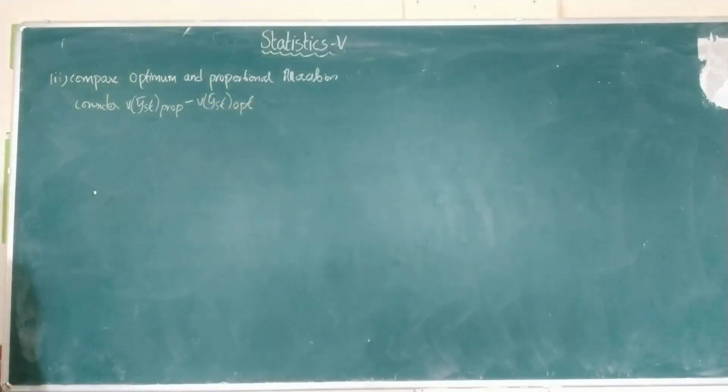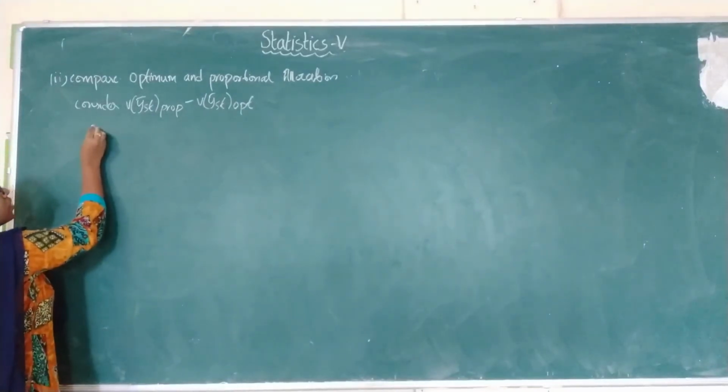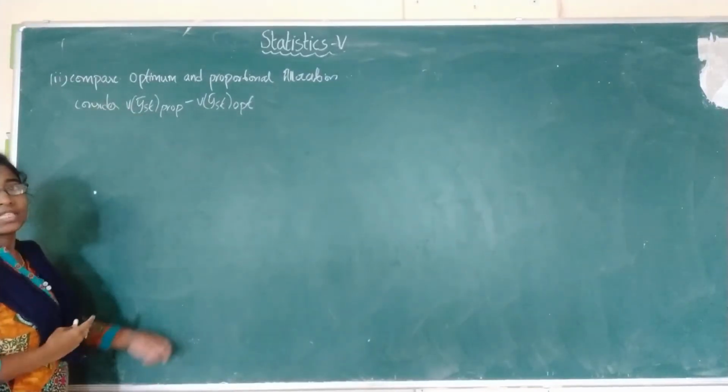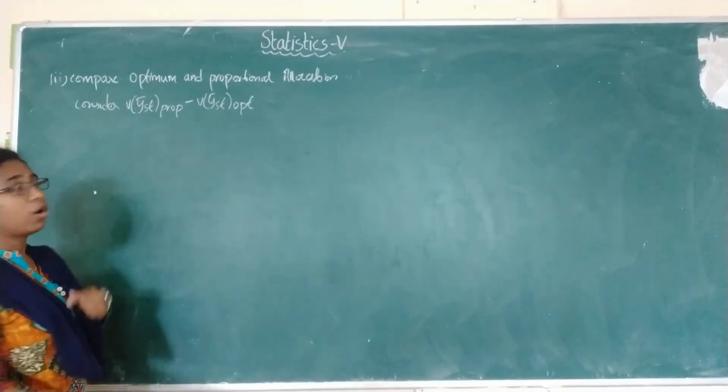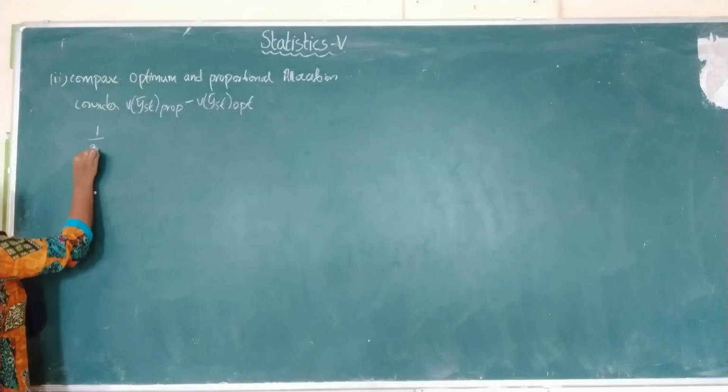So first consider this value, that is the difference between the proportional allocation and the optimum allocation. Now substitute from equation 1 the variance of y bar st under proportional allocation and the optimum allocation values. What is variance of y bar st under proportional allocation?